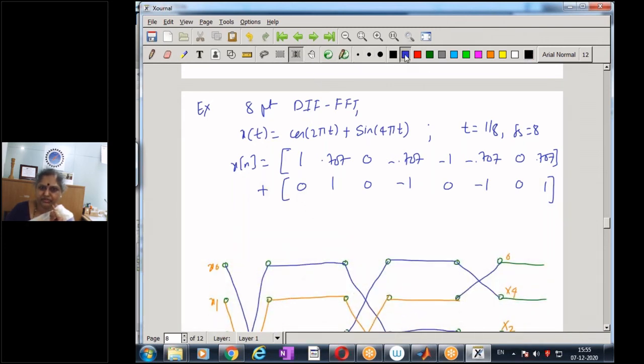And that gives me x of n equal to 1 plus 0 is 1, 1.707, 0, minus 1.707, minus 1, 0.303, 0, minus 0.303.